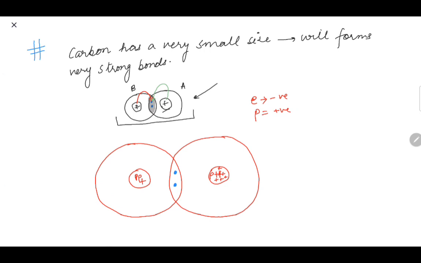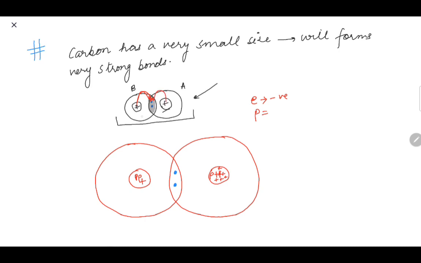So I hope you're understanding that these electrons in the center of the small atoms sharing, don't you think that they are overlapping in such a small space that the nucleus is very close to them? Do you see that in the small atoms overlapping, the nucleus is very close to them? Tell me. And when the nucleus is very close to them, don't you think that there is a lot of attraction?